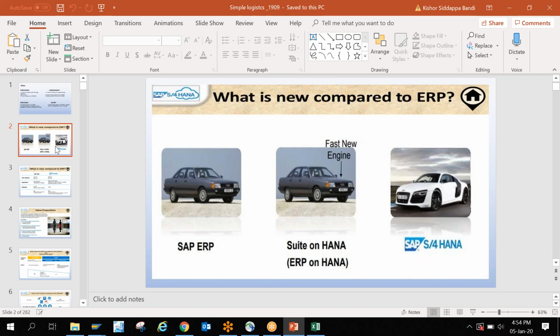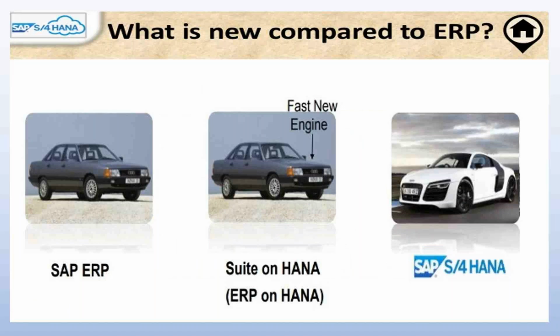HANA is a database, and S4 HANA is the name given to the application. Earlier we had the name SAP ERP, which we also called ECC. SAP ERP could run on any kind of database. It could be connected to your Oracle database or an IBM database, depending.